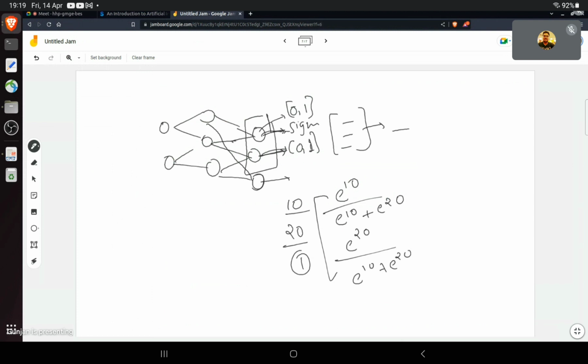But for example, if we have 10 possible objects and three of them are present, then three nodes' values need to be one, right? You can't have that in softmax. But even sigmoid will not give you exactly one, right? Yeah, but sigmoid tends to give you something like this. If it is higher, obviously it will give you one.